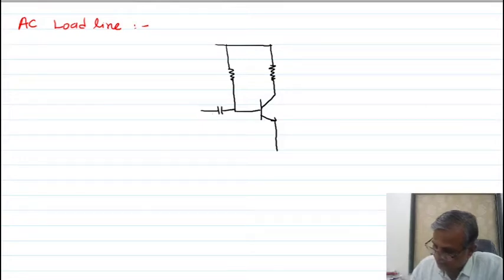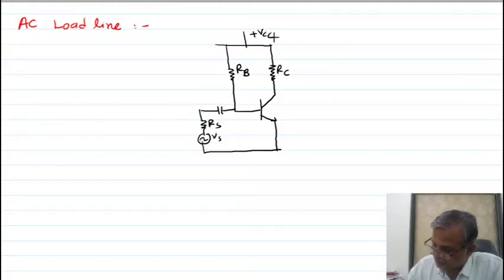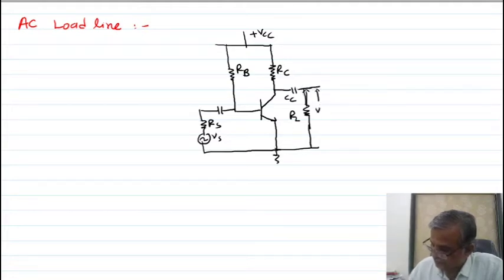This is a coupling capacitor, this is a source resistor, this is the AC input signal, this is your RB, this is RC, this is plus VCC, this is a coupling capacitor, this is your load RL, and this is your VO.